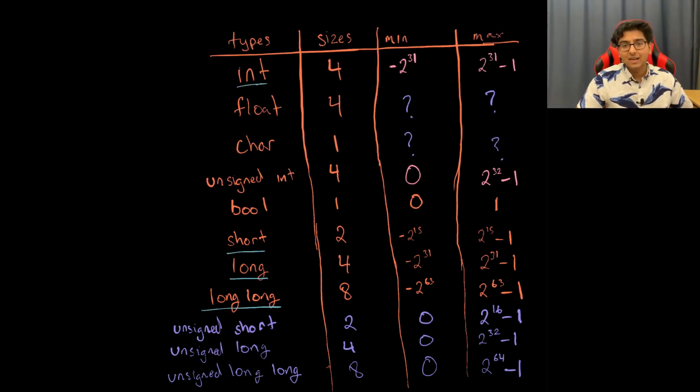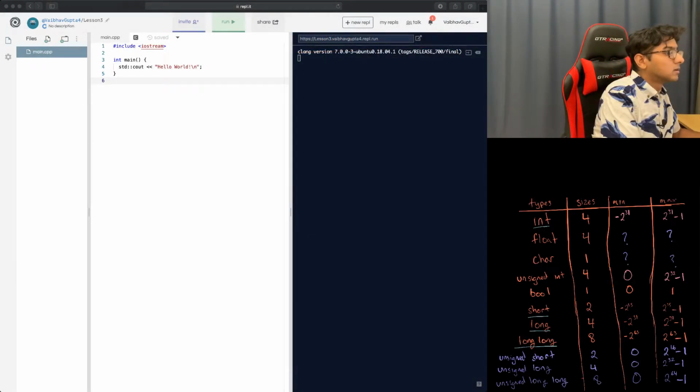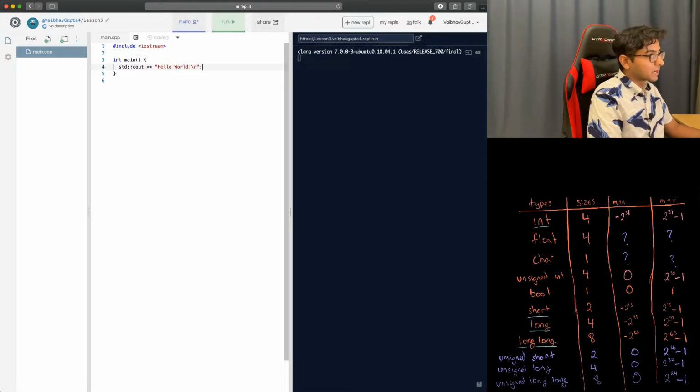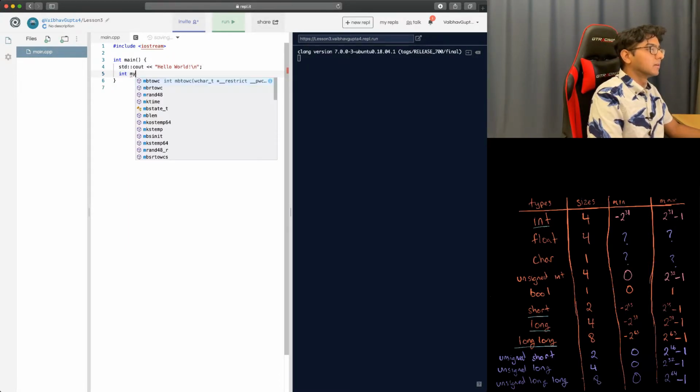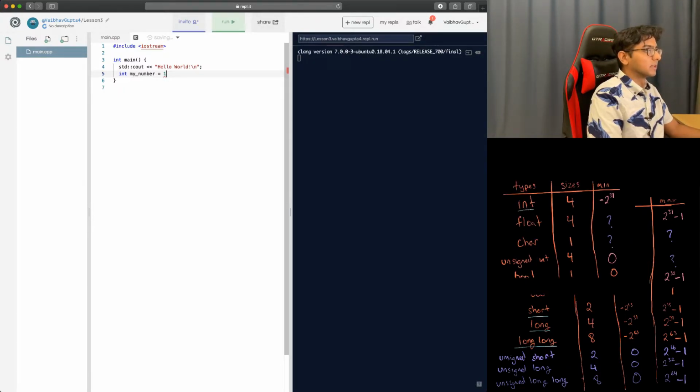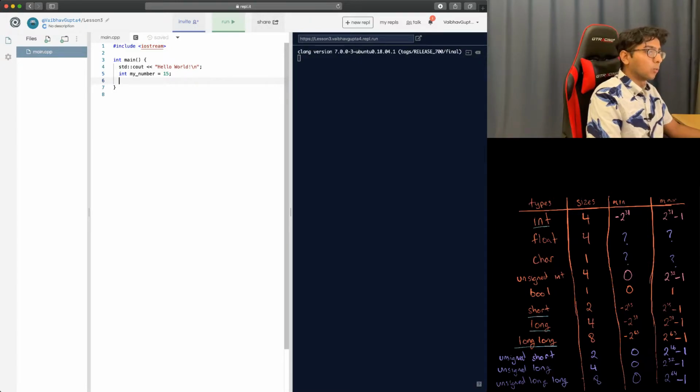Now, one last thing I want to show you is going to be a little bit of code. Let's say we have a variable, an int specifically, that's named myNumber, and set the value equal to 15. Now, one thing we can do with this variable, as we all know, is print out myNumber. And let's add some quick little flavor text. So, "my number is".